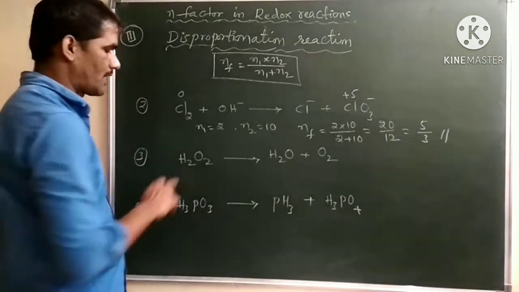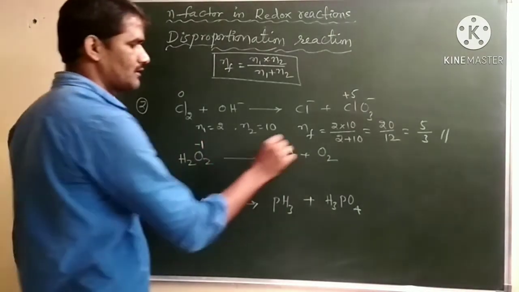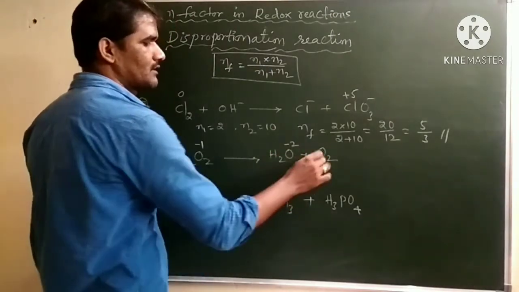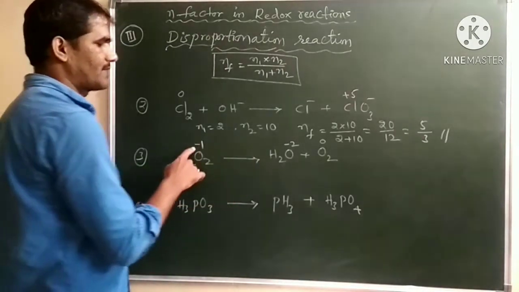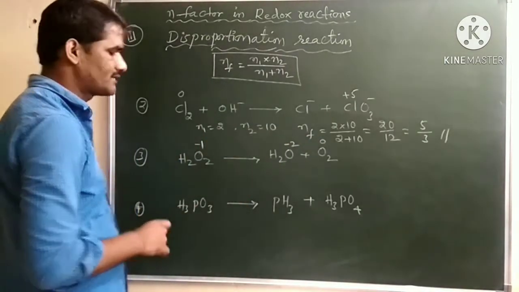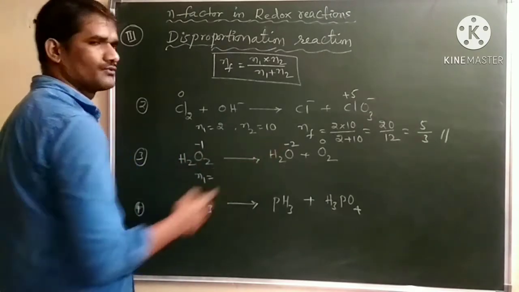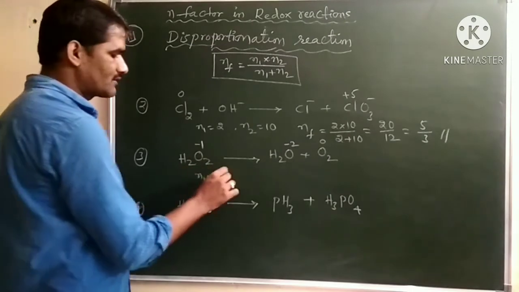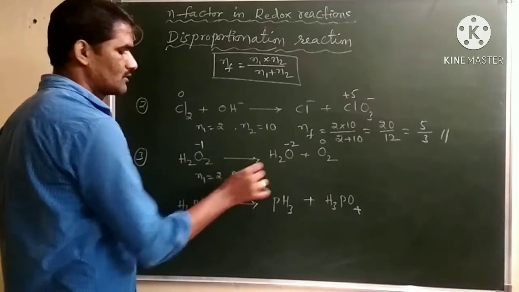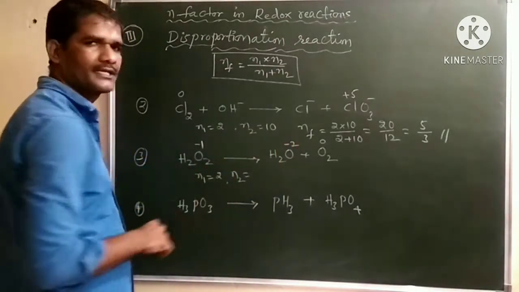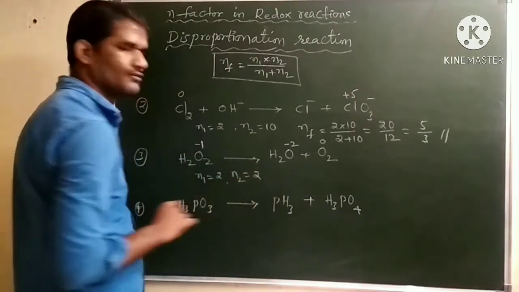Now hydrogen peroxide: here oxygen is in -1 oxidation state, in water oxygen is -2, and here it is 0. Now oxygen -1 to -2 is decreasing, -1 to 0 is increasing. N1 is -1 to -2, 1, but there are 2 oxygens, so overall 2 into 1, 2. And N2 is -1 to 0, increasing, again 2 oxygens, 2 into 1, 2.